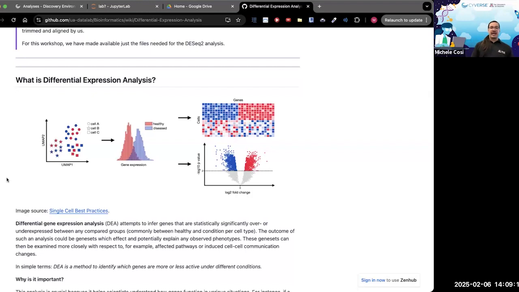What is differential expression analysis? Let's take a moment to try and answer it in human terms. We all know that the genome and the DNA is, quote unquote, fixed. That's where our code resides, but the expression of our code may change depending on whether it is too hot or too cold, or whether you're going through a very stressful situation, for example, or you're just being happy.